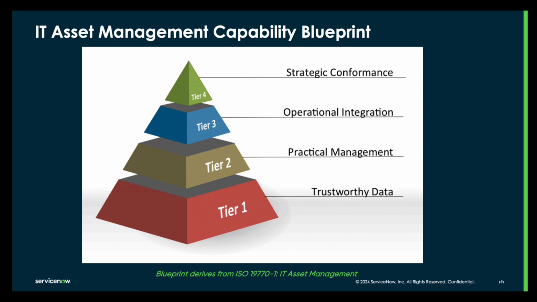And we know that many times the ITAM team is very small and they have to rely on others to update and keep their data maintained. And this sometimes is a very manual process with a lot of man hours and a lot of attention to detail with all these changes. In this tier, we're going to start to automate some of those processes by using some of the out-of-the-box workflows to help maintain this accuracy.